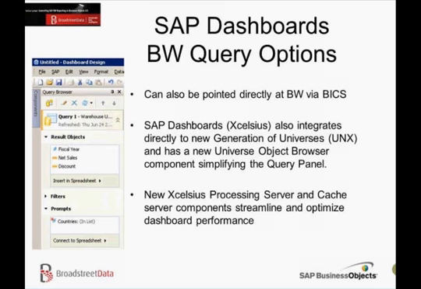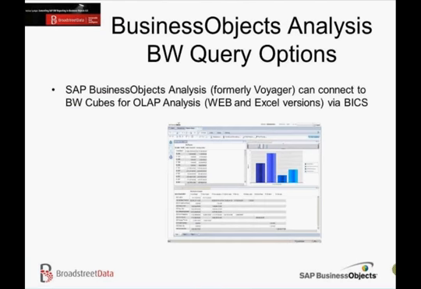We also have the introduction of the Xcelsius processing server and the cache servers, which streamline and improve performance of Xcelsius and the dashboards that get generated and displayed within the BI Launchpad and the BI workspaces. And we also have our Business Objects Analysis tool, which is known as Voyager, that can connect to BW cubes and queries as well as OLAP sources.